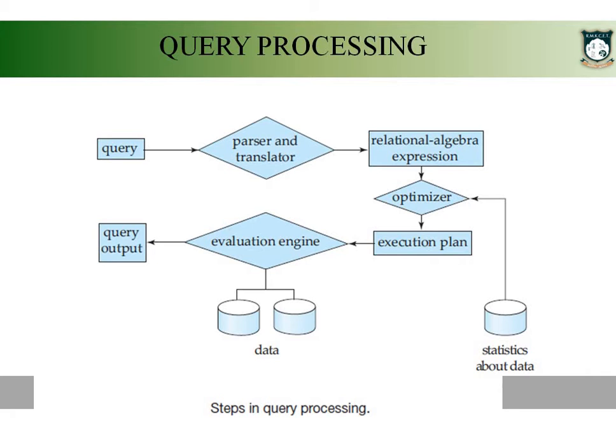When we discussed relational algebra, we saw that the given expression can be expressed in different ways, which will also give the same result. So the optimizer will first identify all the equivalent algebraic expressions which give the same result.